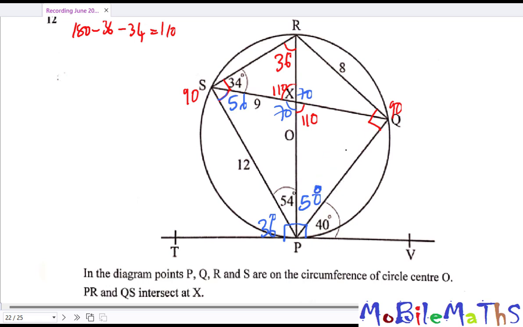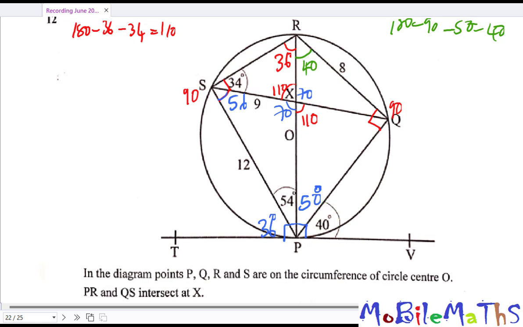Now I've got 50 degrees and here I've got 90 degrees. So I can use the idea of a triangle for this one. Using the idea of a triangle, I will say 180 minus 90 minus 50, we are going to get ourselves 40 degrees. So 40 degrees is for that triangle. And I think you can also see I can use opposite exterior is equal to opposite interior there. They are the same.